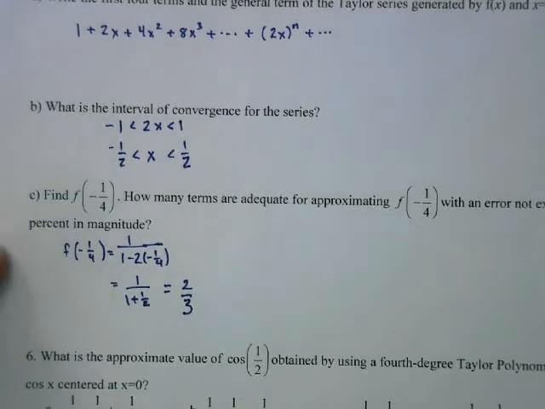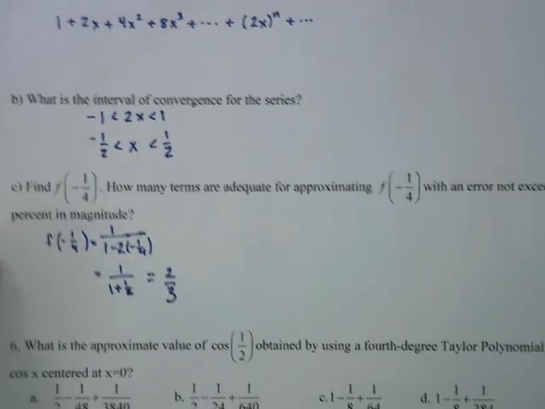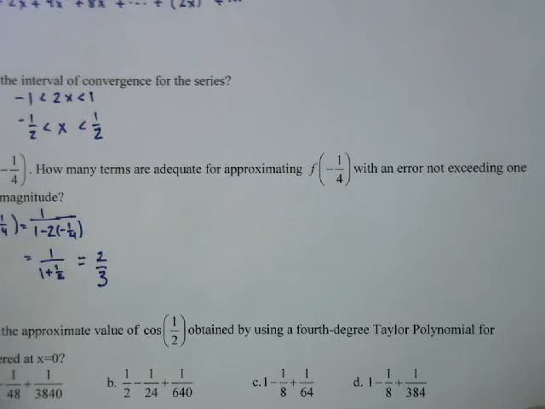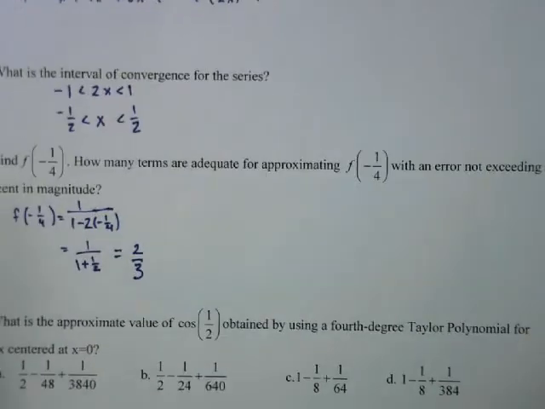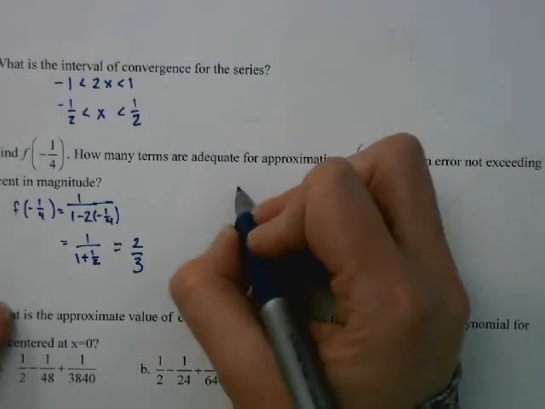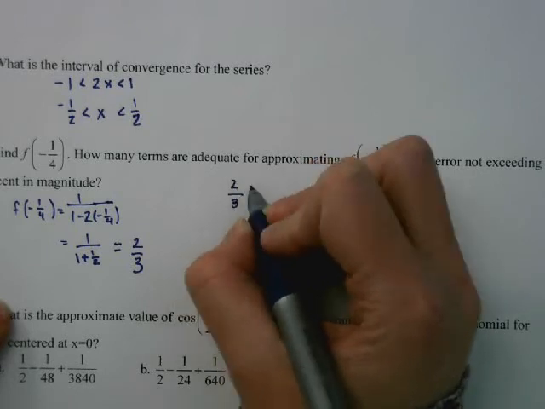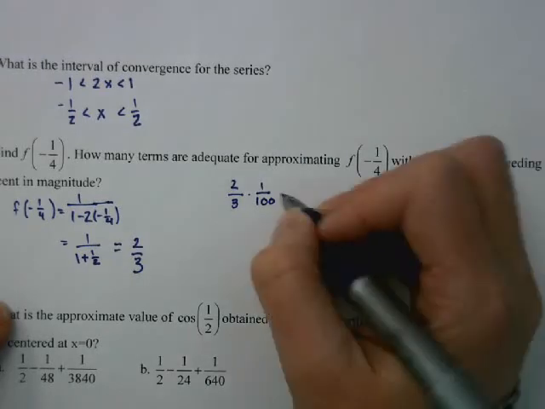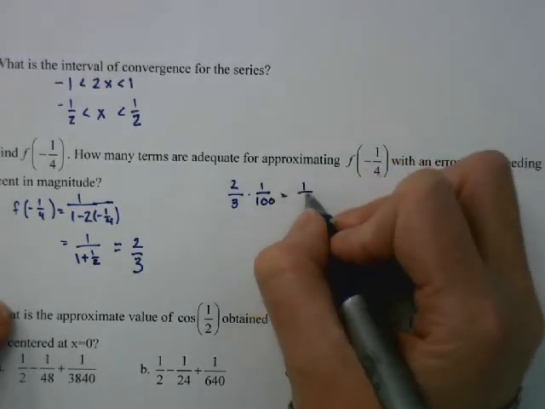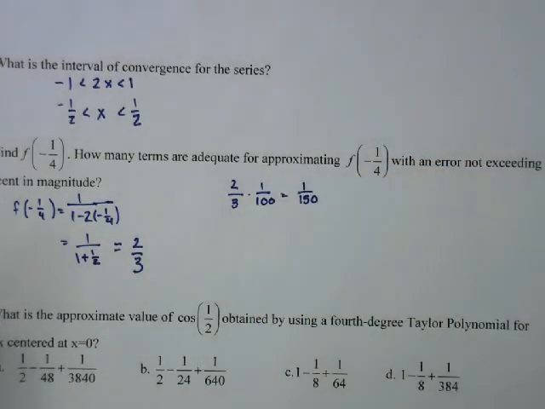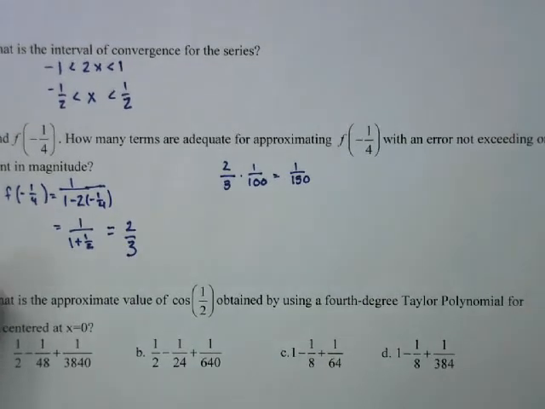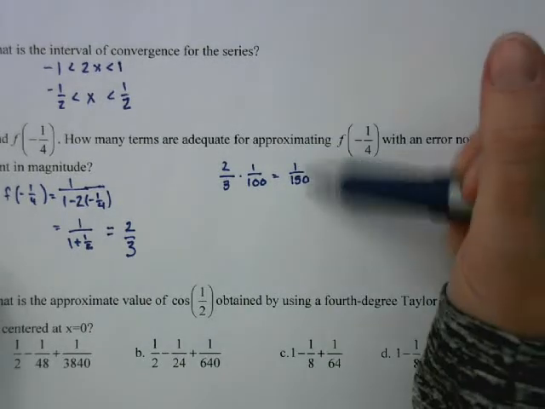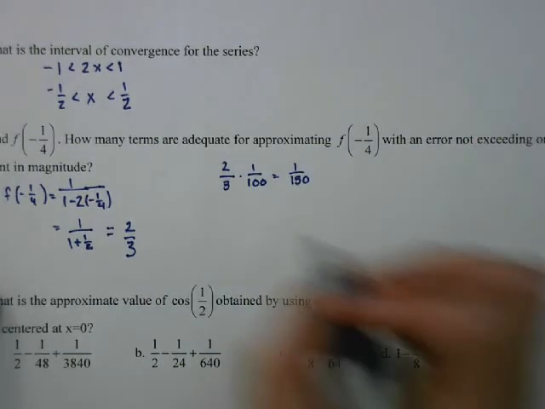Okay, then we're going to find how many terms are adequate for approximating with the error not exceeding 1% of magnitude. So if my actual value is 2/3, 1% of that is going to be 2/300 or 1/150. There's different ways to do this. I'm just going to simply write out the terms of the series until I get to one that's smaller than this.